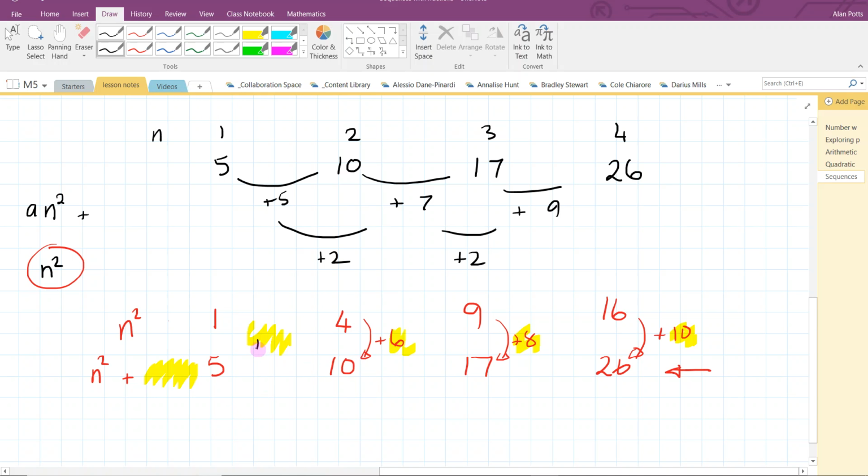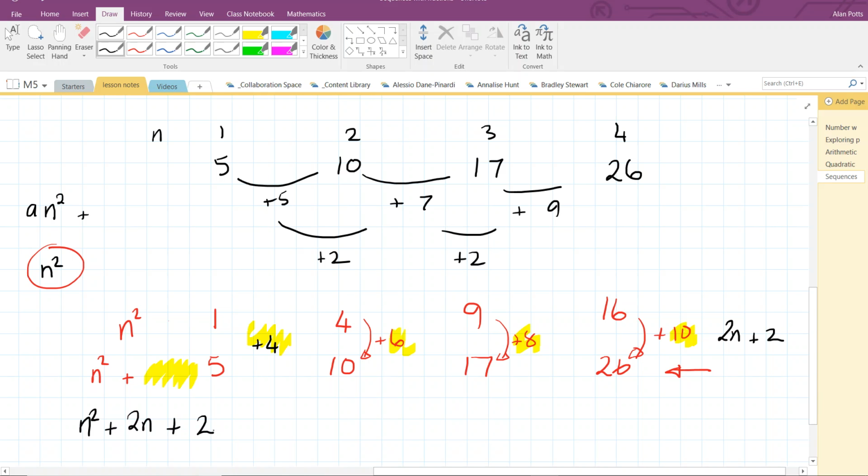So what's the rule for 4, 6, 8, 10? So it'd be 2n, definitely, plus 2. Sure? Because n is 1, 2 times 1 is 2, plus 2 makes 4. Okay, so we are looking at n squared plus 2n plus 2.